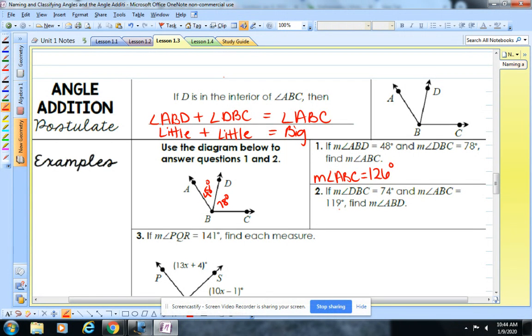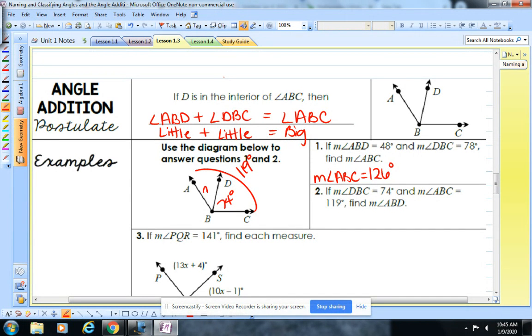All right, number two. I'm going to erase this where I filled it in. It says if the measure of angle DBC, which is right here, is 74 degrees, and the measure of ABC, which is the whole thing, is 119 degrees, find the measure of angle ABD. Well, how do I do that?